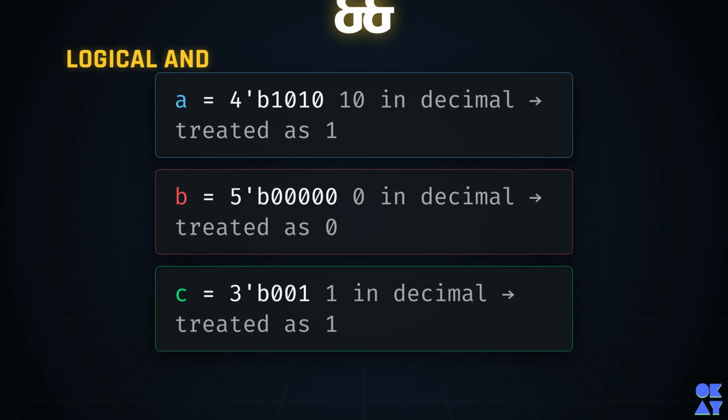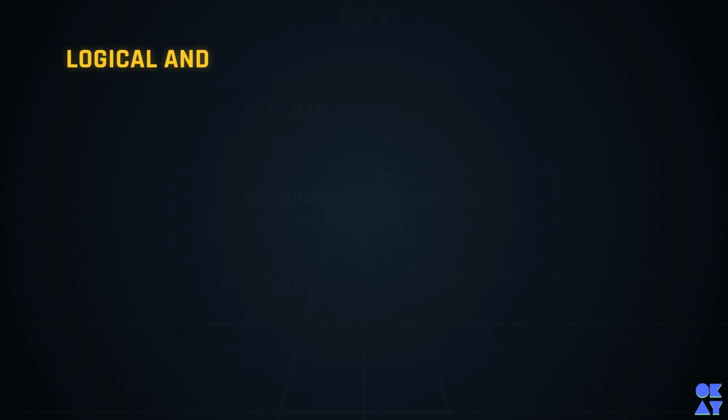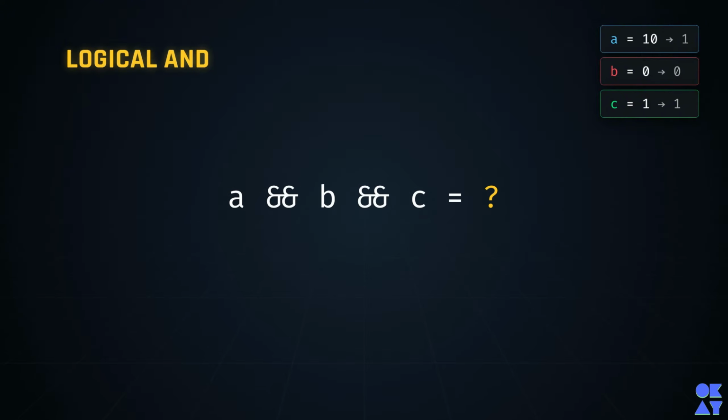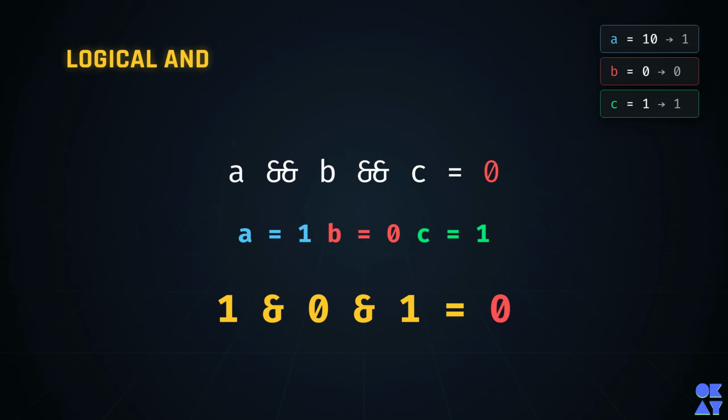C is 3'b001, 1 in decimal, treated as 1. Now A && B && C. Each operand is first converted to logic. A is treated as 1. B is treated as 0. C is treated as 1. Now, 1 and 0 and 1 equals 0.